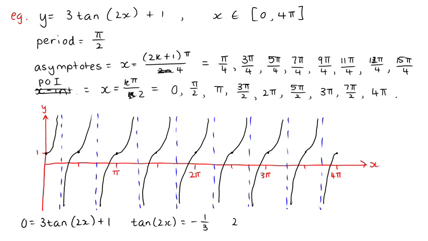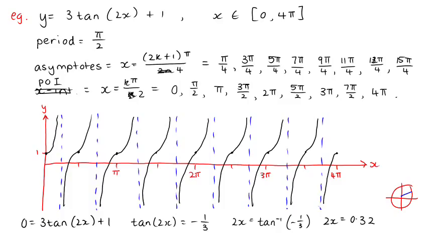Right, so you just do 2x equals inverse tan of negative 1 on 3. We get inverse tan of 1 over 3 is 0.32, but so that's like somewhere out here.